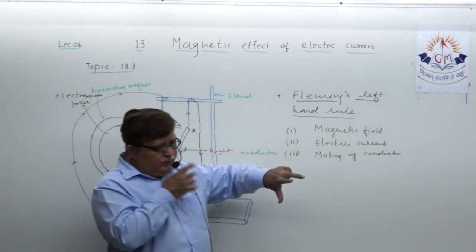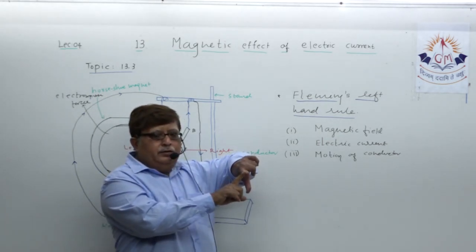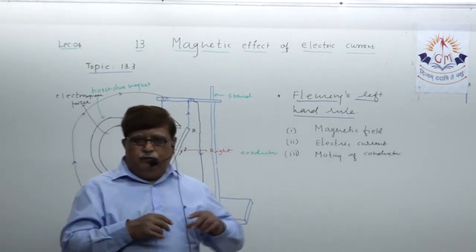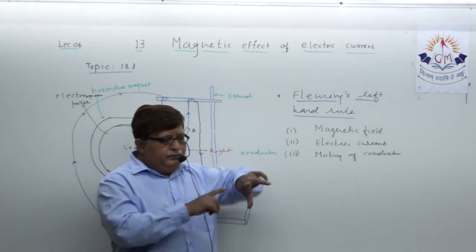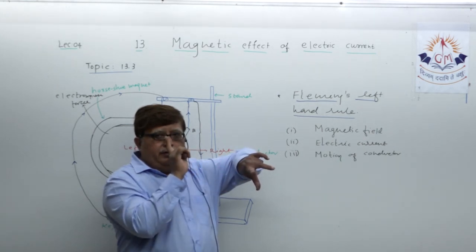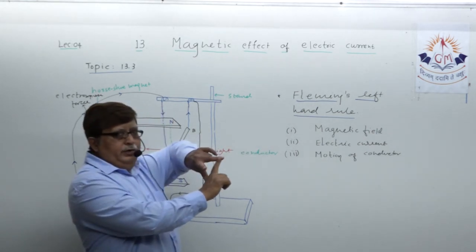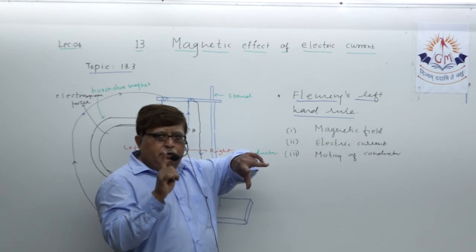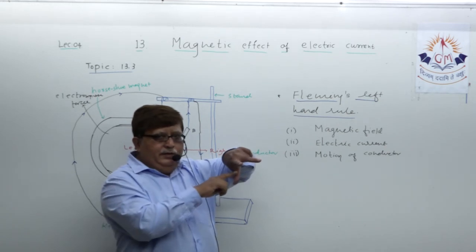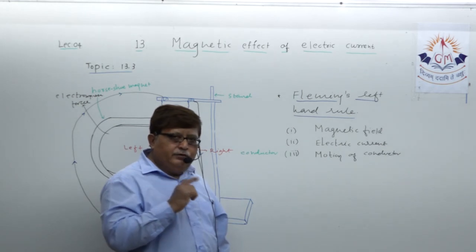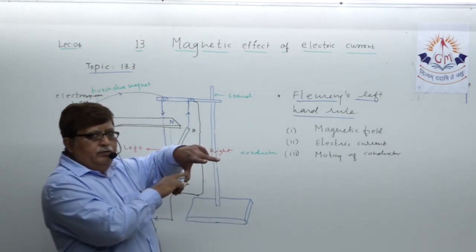Third, the forefinger shows the direction of electric current. Middle finger shows the direction of magnetic field, then the thumb will show the direction of motion of the conductor.